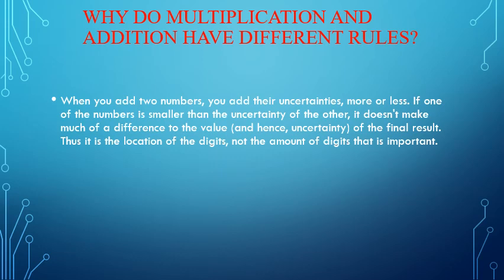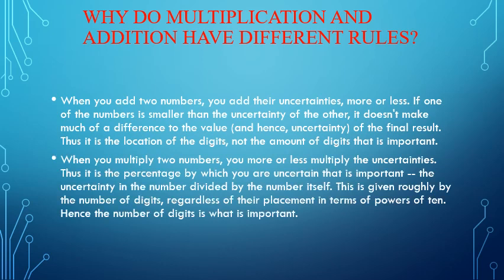That becomes important when we talk about multiplying and dividing, where you're going to be multiplying or dividing the uncertainties. So that's going to be a percentage by which you're uncertain, the uncertainty in the number divided by the number itself. This is given roughly by the number of digits regardless of their placement in terms of the powers of 10.